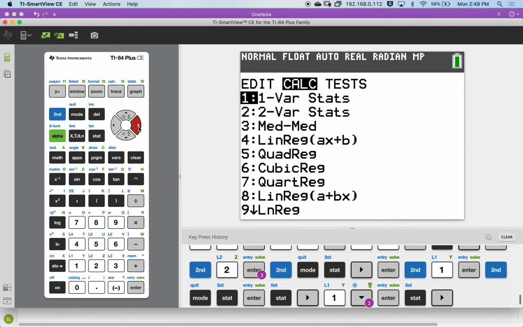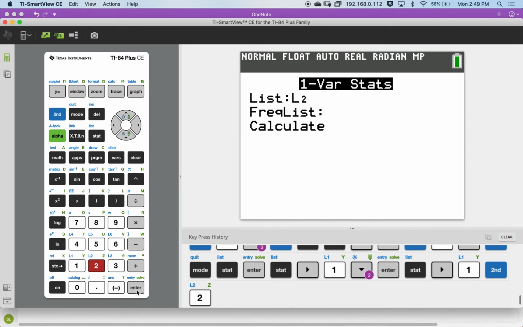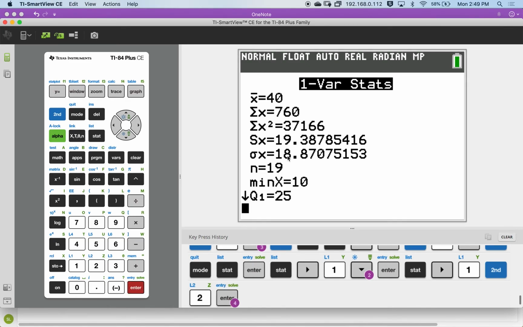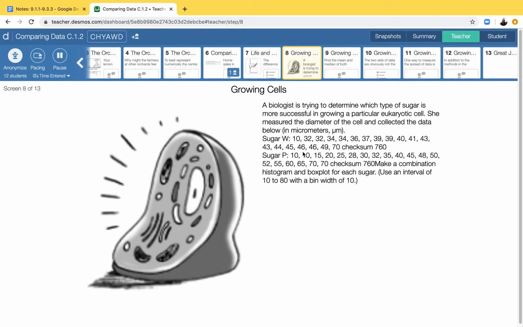So if I go to Stat, Calc, One Variable Stats, I can now change this to L2. That was my second sugar. So if I go 2nd, L2, enter, enter, enter. Okay, my standard deviation is 19. So with the second sugar the data is much more spread out. It is not consistent.